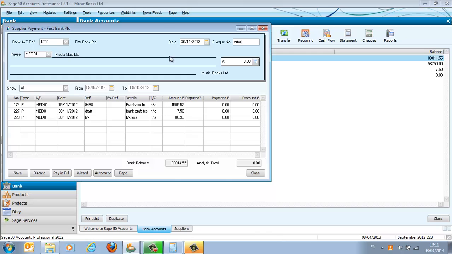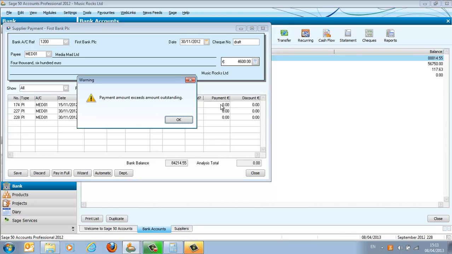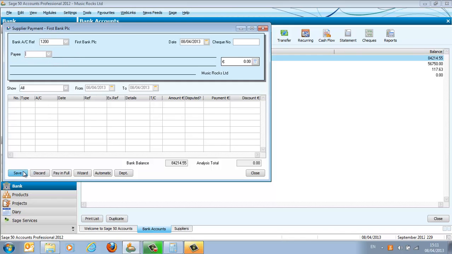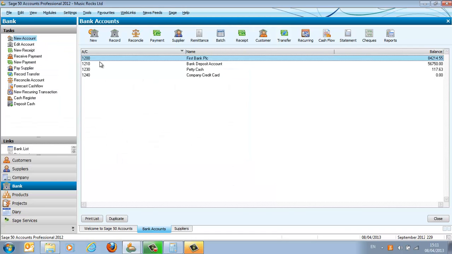For bank details, draft, 4,600, and make sure that you allocate it for each item: 750, 86.93, and 4,505.57. And save. Now that's the situation where the company is making an FX loss.